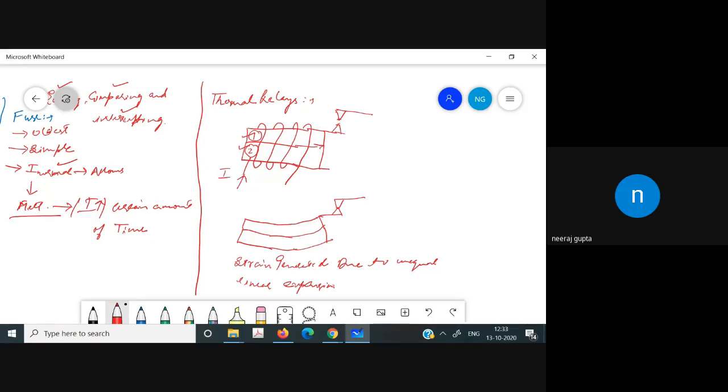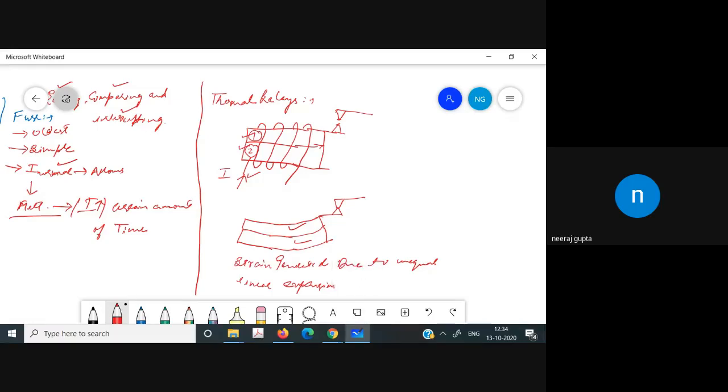Since we have two different metals, two different strains are generated as a result of the heat produced because of the current flowing through it. So it works on that principle.